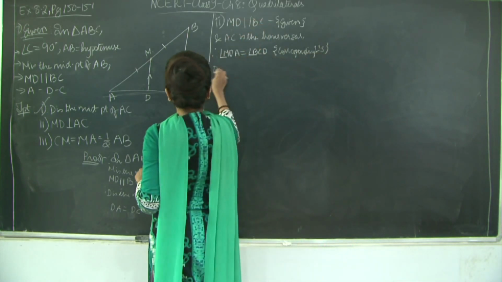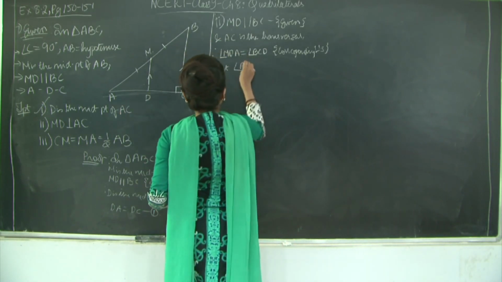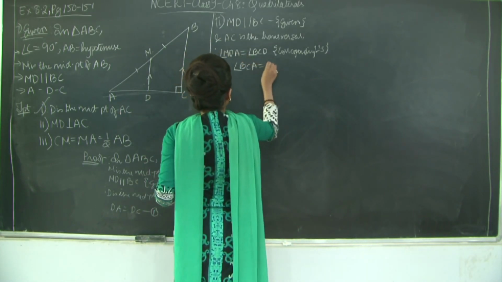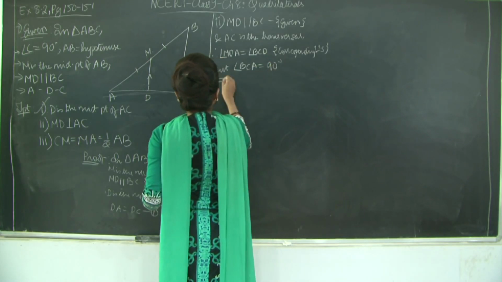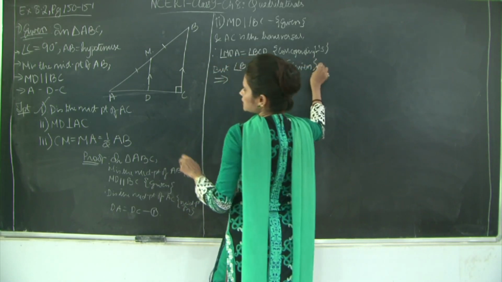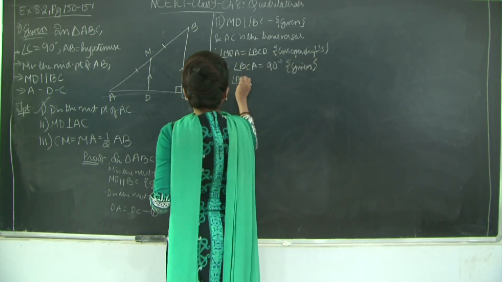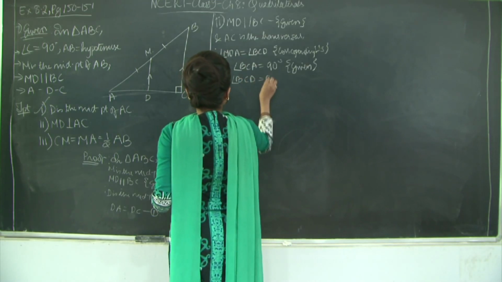But angle BCA is equal to 90 degrees, this is given, that angle C is 90 degrees out here, correct? Which implies angle BCD is equal to 90 degrees. Why?